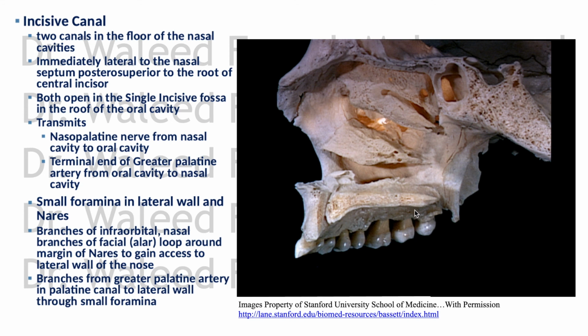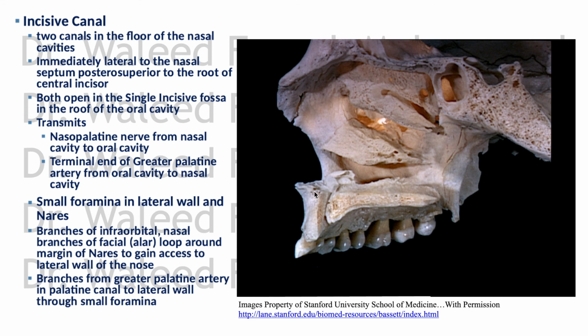And also it receives the terminal branches of the greater palatine artery that comes from the greater palatine foramen forwards, and then ascends up the canal to anastomose with the vessels in the walls of the nasal cavity. Okay? This is the incisive canal.